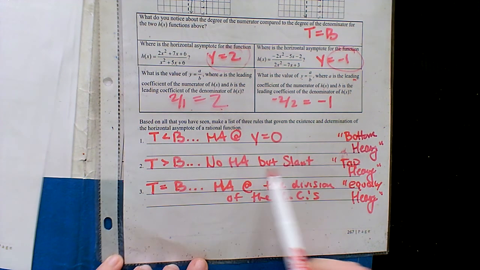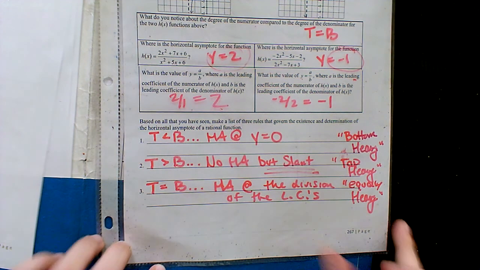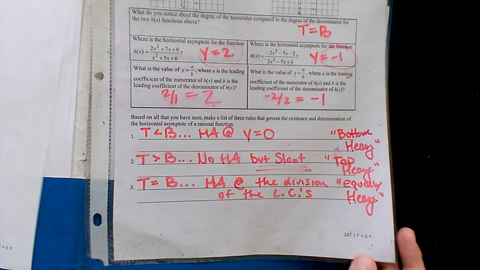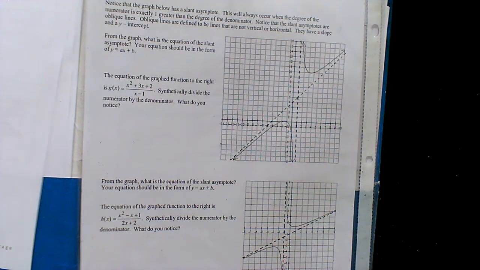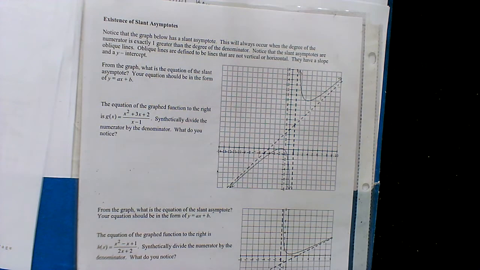Okay. We're going to spend some time though talking about slant asymptotes, like how we can find them based off an equation. So that's what we're going to end today with on the next page. So these 2 examples, we're going to take a look at graphically where the slant asymptote is, but also how we can get the slant asymptote from the equation. Okay, what if we didn't actually have a graph available to us?